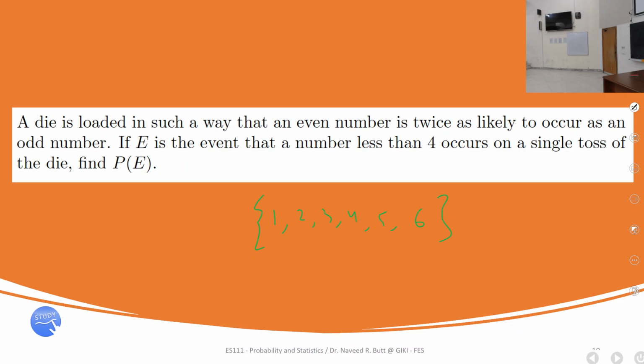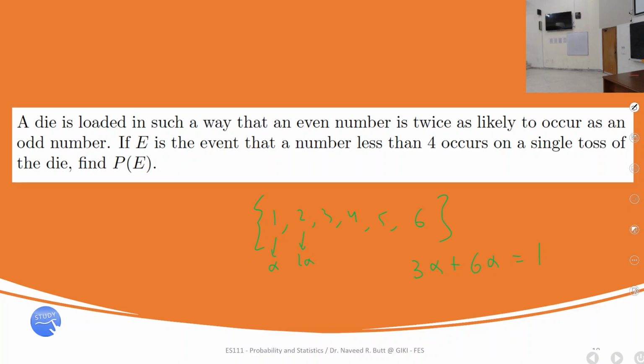So first I have to assign their probabilities. The probability of this is alpha, this is 2 alpha and so on. So how many alphas are there? 3 alpha and then 3 times 2 alpha, that is 6 alpha, right? So the total should be equal to 1.